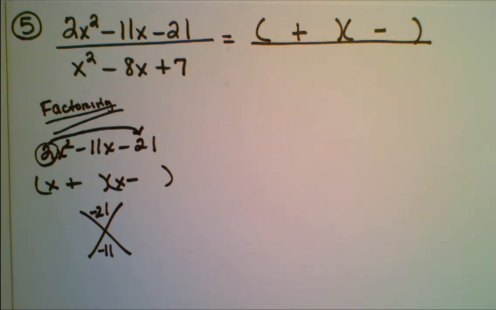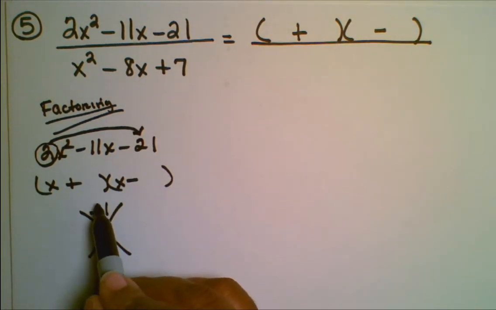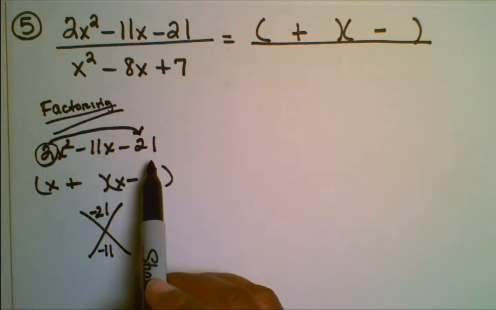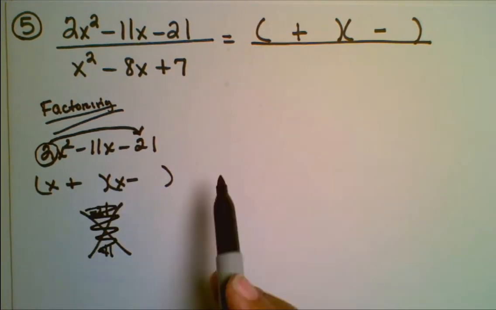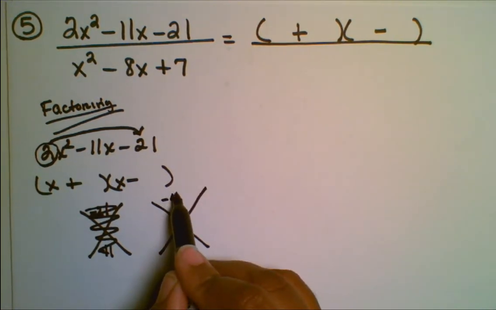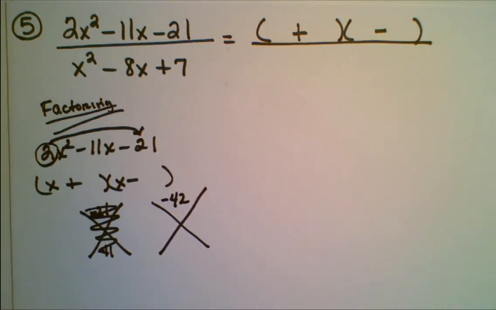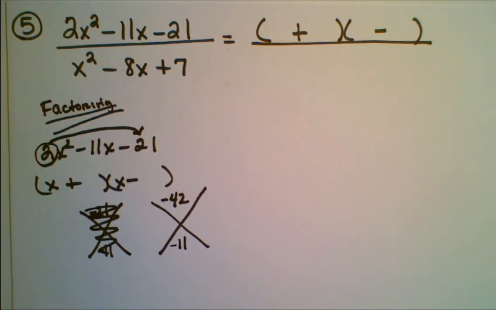And I said, I'm sorry, if you caught it, let's do this one over. Multiply 2 and negative 21, and that's going to give us negative 42. There we go. That will add to give us negative 11.